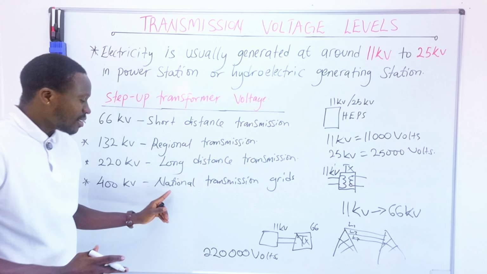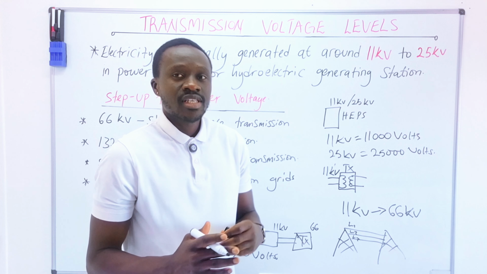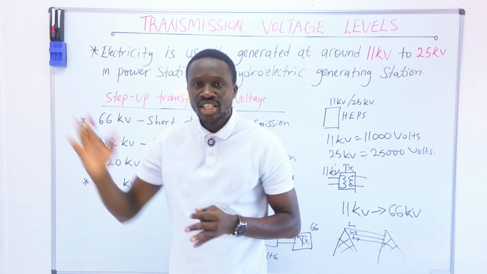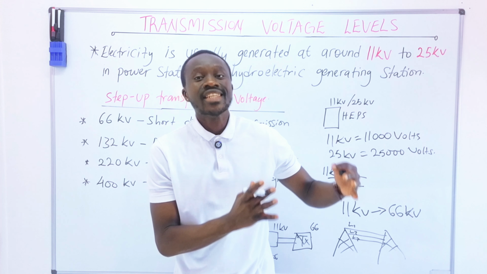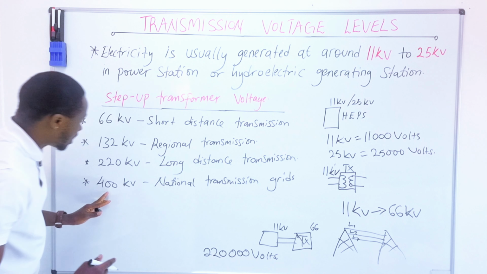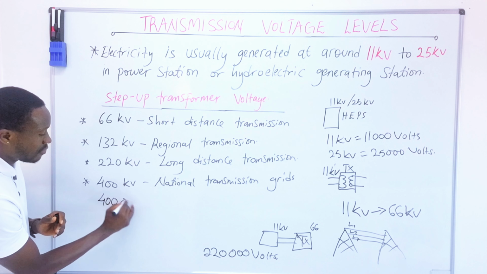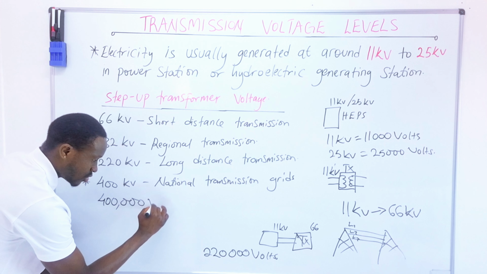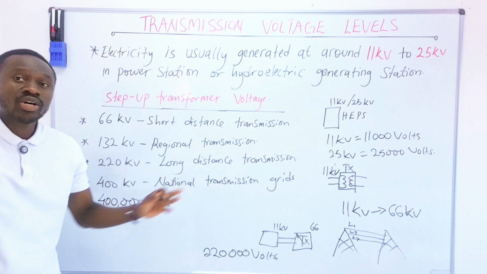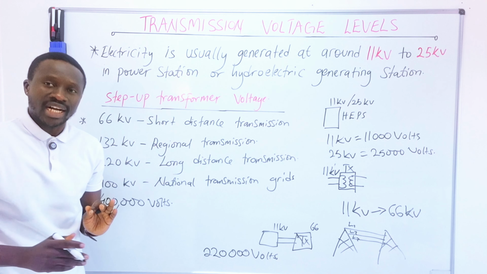Now if it comes to the national transmission grid, it means we can transmit this electricity from one country to another. We are now dealing in national. Another country can use this kind of electricity. Now, we shall step it up to 400,000 volts. This is the national grid. You can transmit this power to another country, and the other country also can use it.